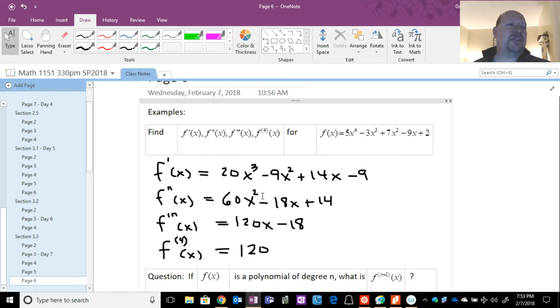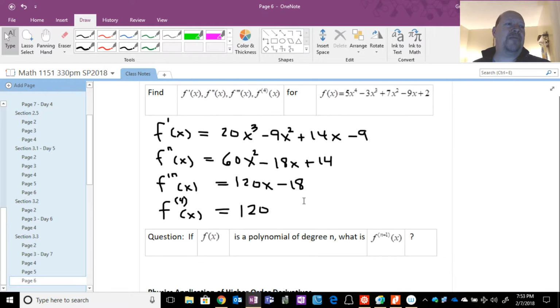And then when we took the derivative of that, it took it down to the 2nd degree because we had 60x squared. And then when we took the third derivative, it took it down to the 1st degree, which is 120x, right? And then you can see it's going down 1 degree each time, and that was taking the fourth derivative of a fourth degree.